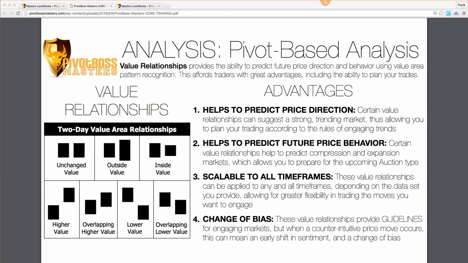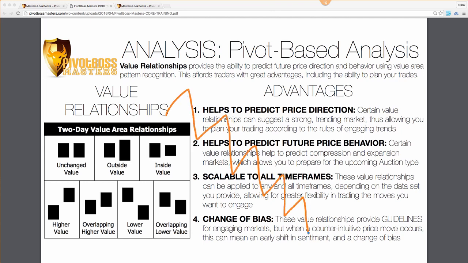Is the change of bias more a trending day forecast or more a return of value type of day? It's typically a change of trend. Change of bias is typically a change in trend, but on a day where it's attempting expansion and fails, then it would be a return to value. Typically, when I talk about a change of bias, it's a trending market, and we're going to see examples of this now.